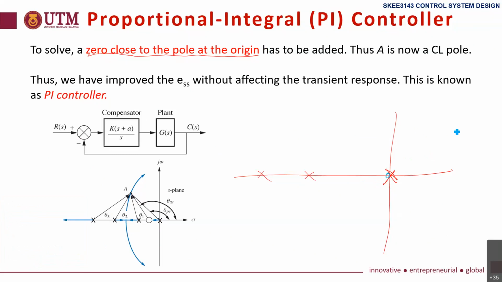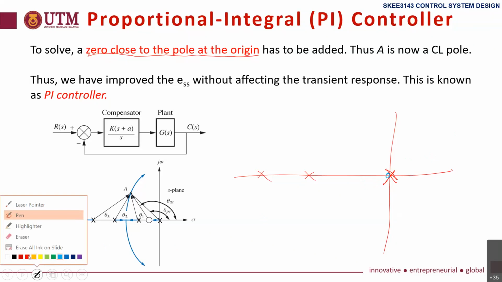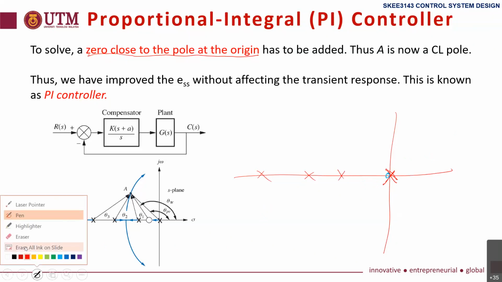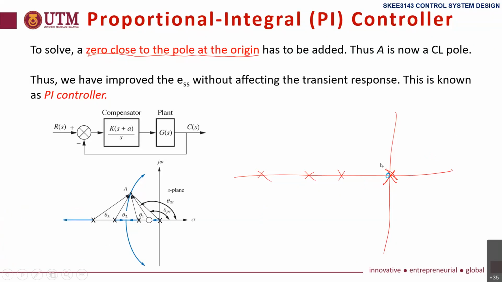Why do we add that? Because we want to make sure the root locus here is only from pole to 0 here. Then it stops. Then we have the root locus here, and again it will be something like this.